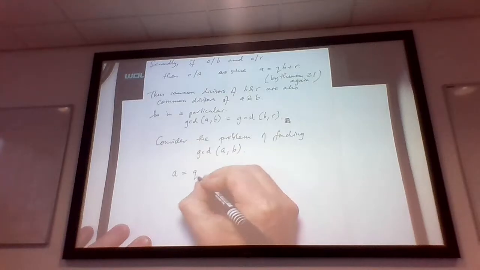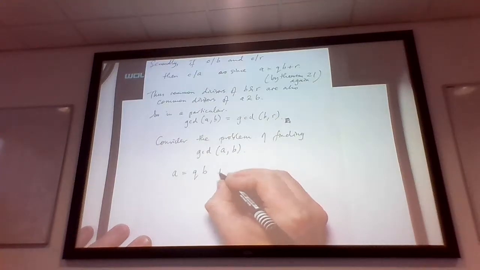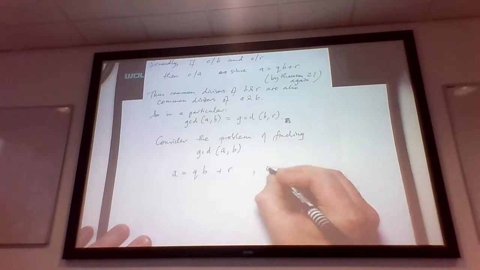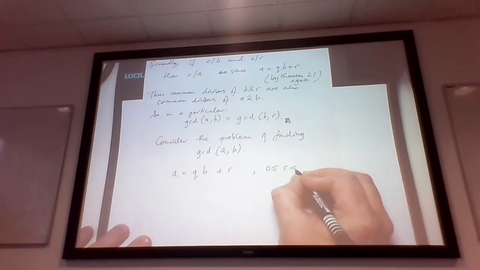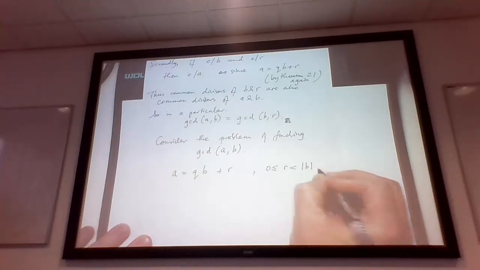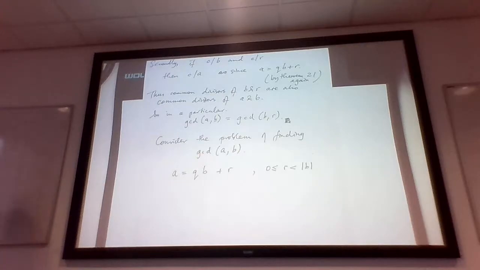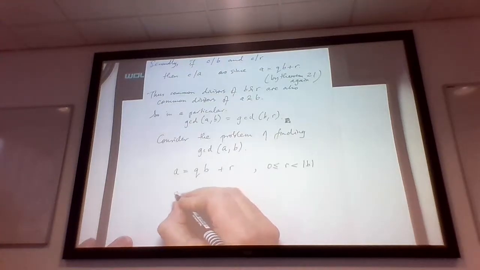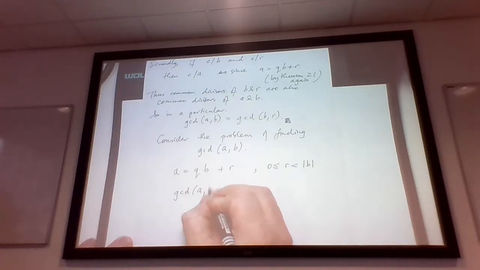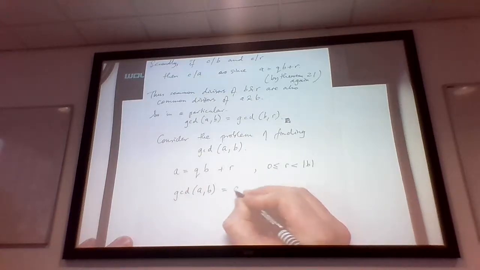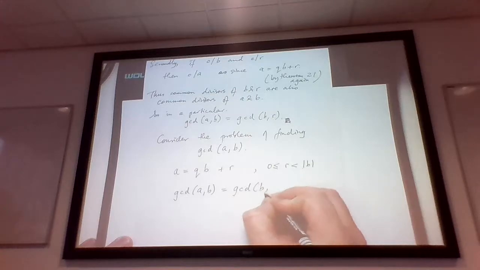We can do integer division of A by B, and we get a remainder R, which is strictly smaller than B. But this GCD of A and B that we're looking for is also the greatest common divisor of B and R.